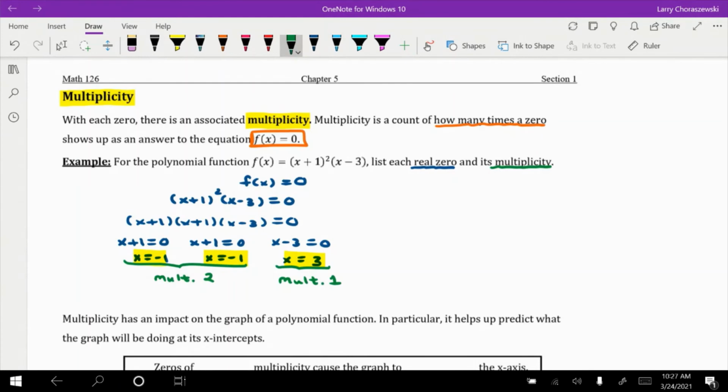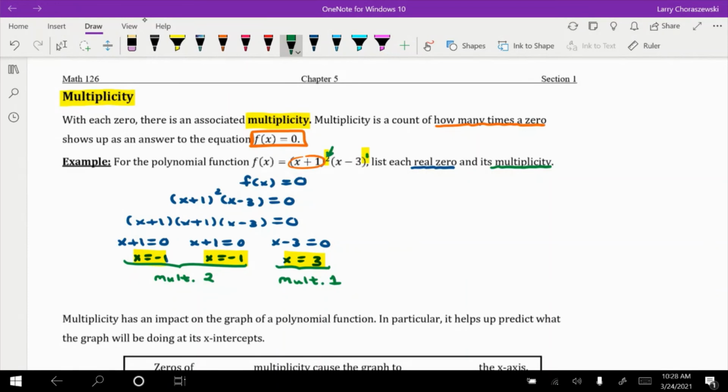Now, here's a little secret. If we look at the powers on the factors of the polynomial function, x plus 1 has a power of 2, and although it's not written, x minus 3 has a power of 1. So whatever 0 you get for the factor of x plus 1, which we saw as -1, the multiplicity should be 2, which confirms our multiplicity down here.